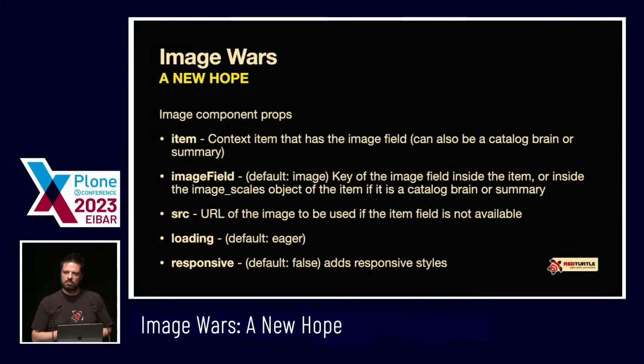So why these choices if, for example, most of the images are to be loaded lazily? That was a tough question. Several suggestions came in: make the default value for loading lazy. And that makes sense, because you have to know as a developer when you want eager or lazy loaded images. But the policy that we went for is we want an image component that is as close as possible to the native HTML image.